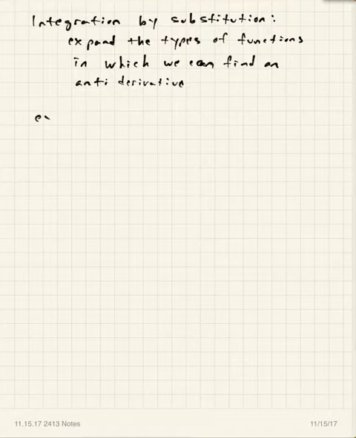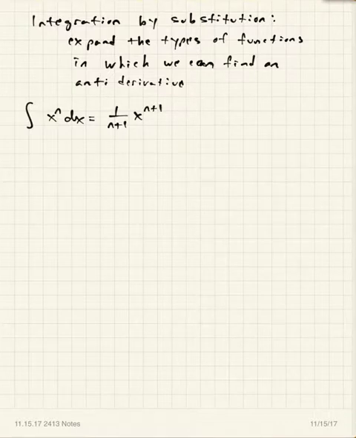For example, remember we have this power rule. The way we stated it was that if you had the integral of x to the n dx, the antiderivative would be 1 over n plus 1 times x to the n plus 1, plus an arbitrary constant, and that power rule did not work if the power was -1.